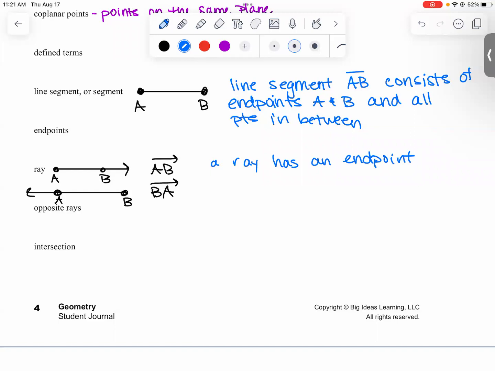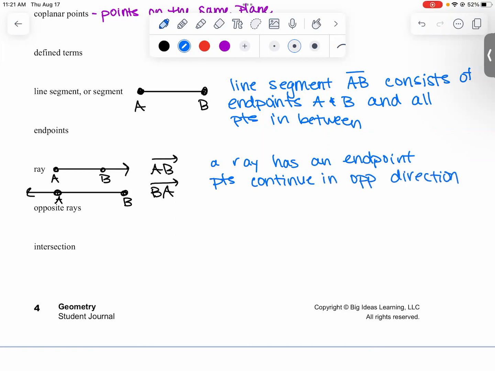I'm not going to write out the whole thing because it's a lot of words to describe. Look, we have an endpoint and it continues on forever in the opposite direction.